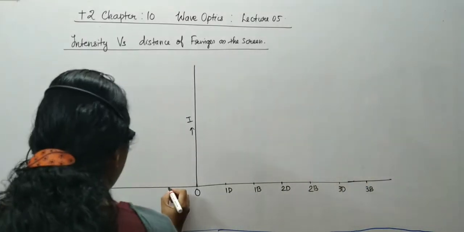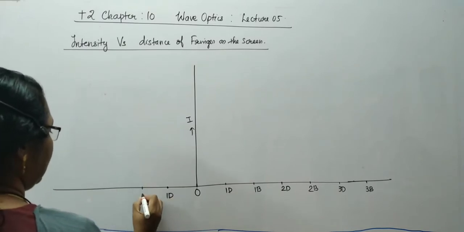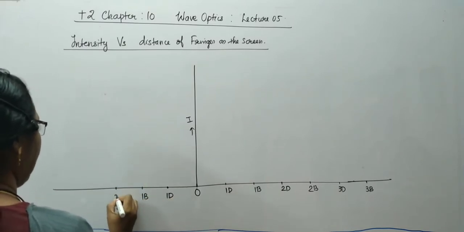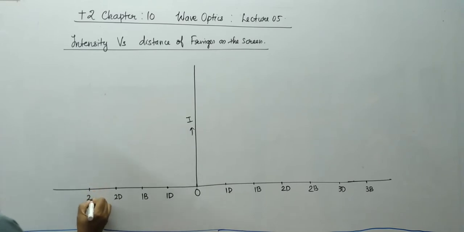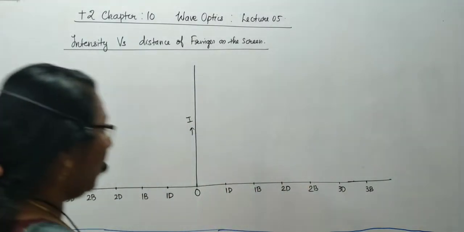Then on the opposite side also, first dark, first bright, second dark, second bright, third dark, third bright, and so on.